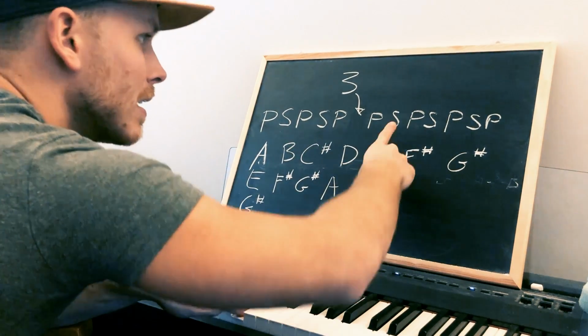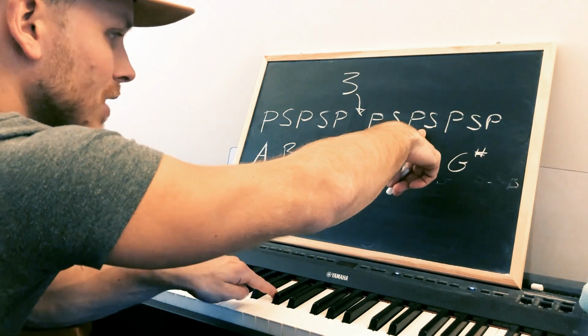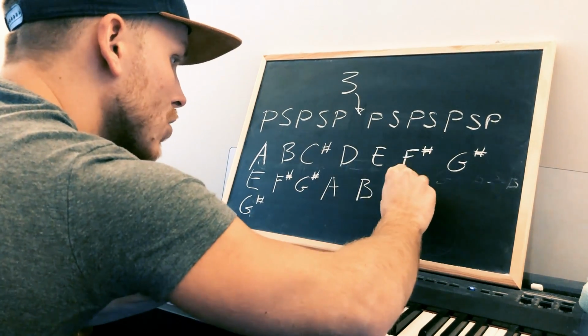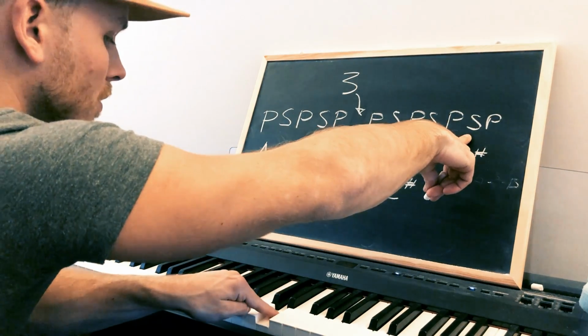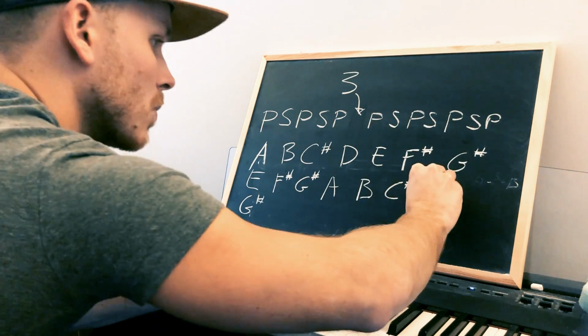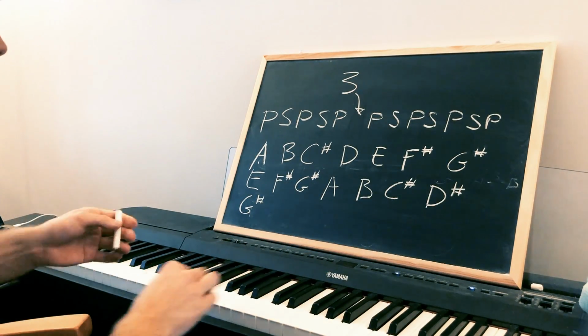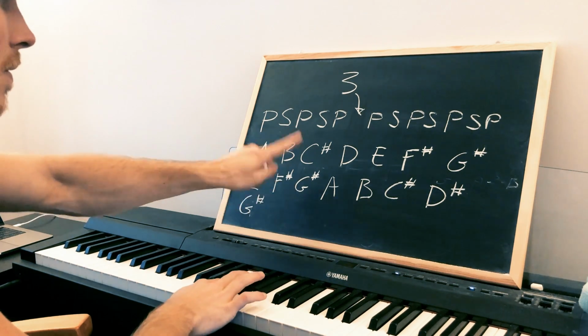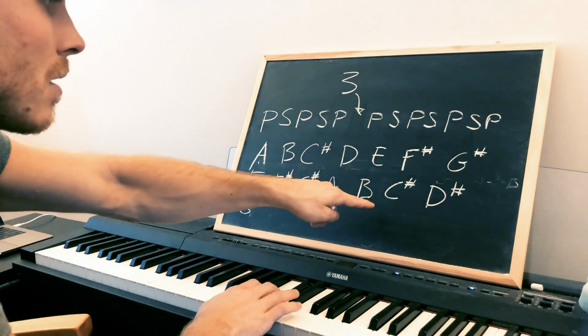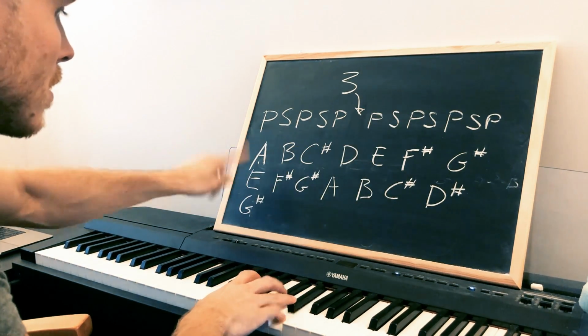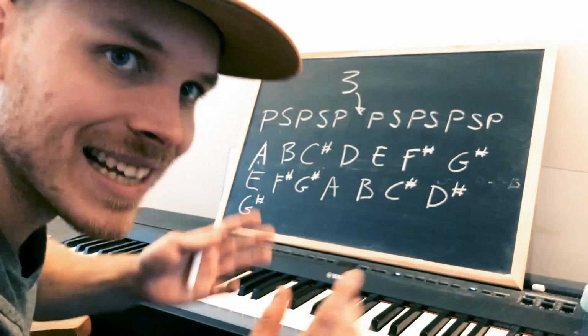That's B. Skip a note, so not this one but this one. C sharp. Skip a note, not this one but this one. D sharp. Okay, so let's see if that sounds good. Yes, we made it. E major.